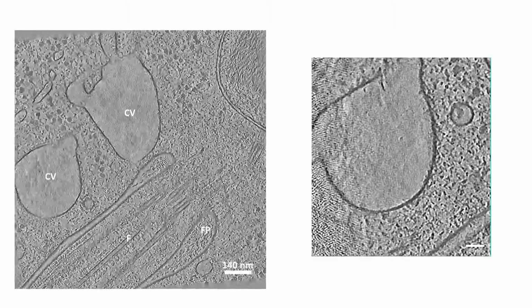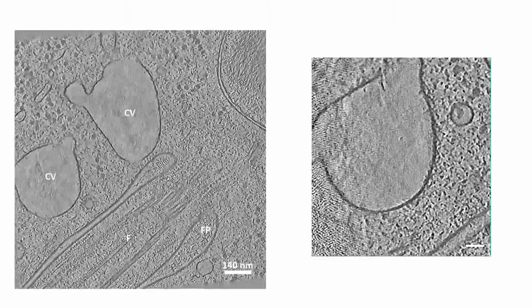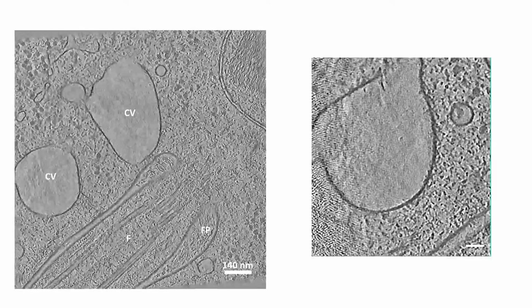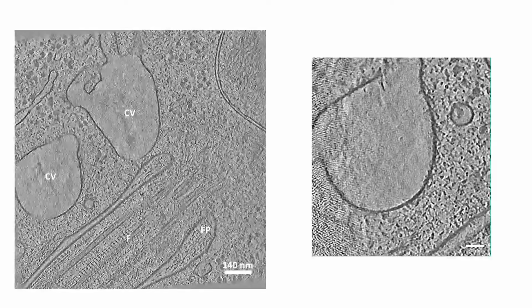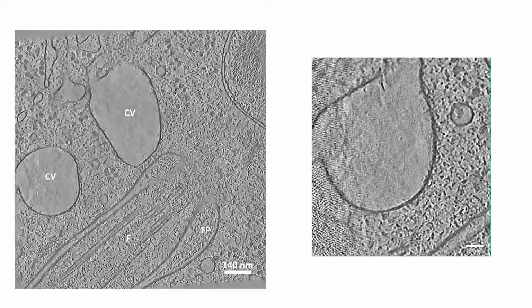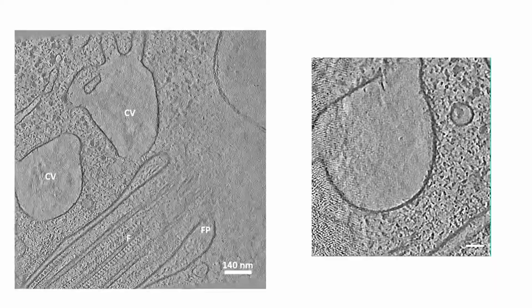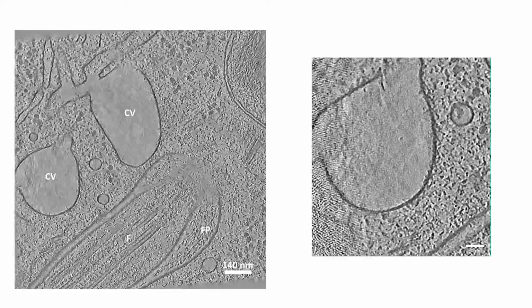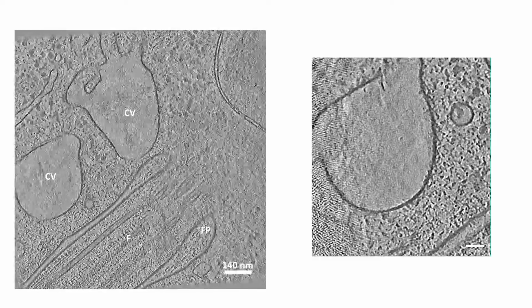And this is another tomogram of the anterior region. So here we have the flagellar pocket, the flagellum, and the first thing that called our attention was these fibers inside the flagellar pocket. These are not something that we used to see in other trypanosomatids.